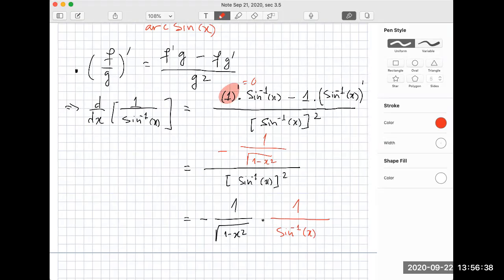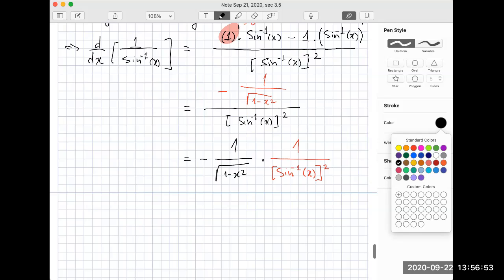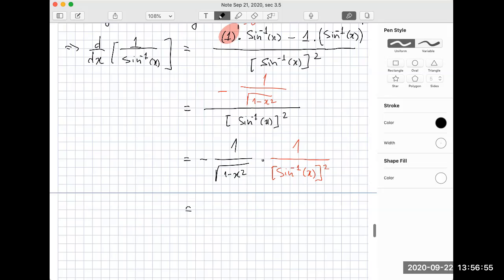So do it slowly and carefully. Very good, right? Now it's easy. Just multiplication of 2 fractions. So 1 times 1 will be 1, right?